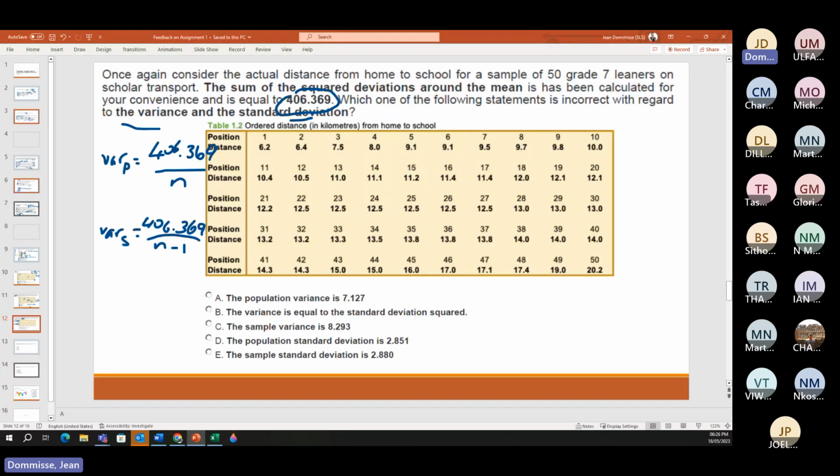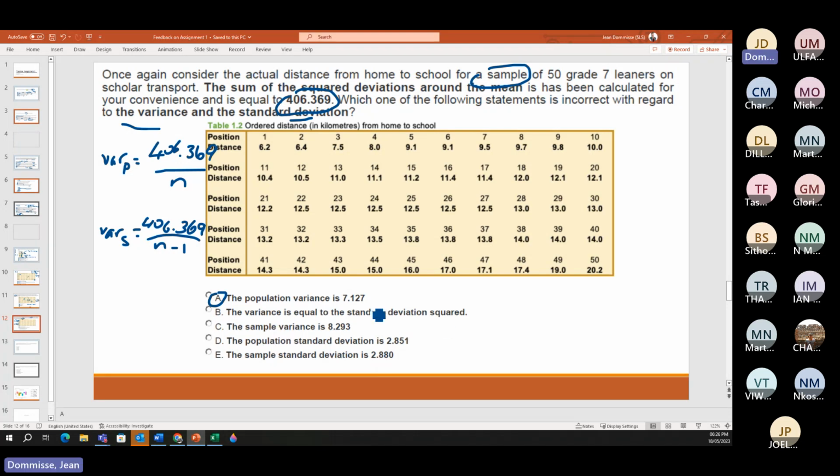In this instance, we know that we're working with a sample because they tell us we're working with a sample. So if you do that calculation, the 406.369 divided by 50, you will get option A.